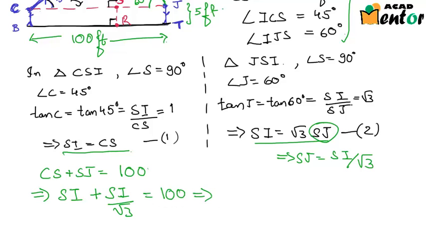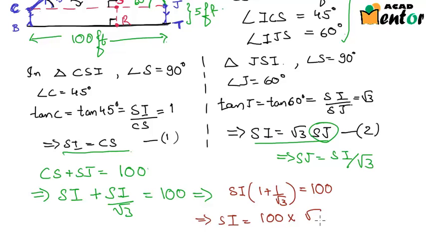Now this gives me SI into 1 plus 1 by root 3 is equal to 100. Or if I solve this further, I would have SI is equal to 100 into root 3 over root 3 plus 1.